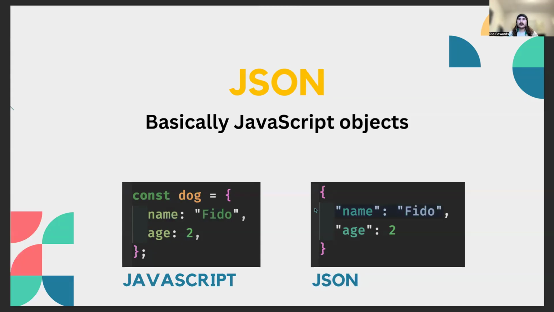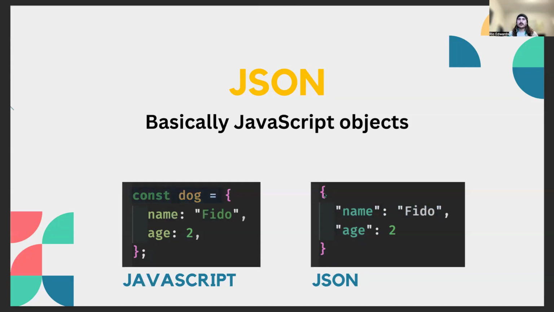In JSON, this is how that same object would be represented. It looks very similar: curly braces and then property, or key, and value. There's a couple of differences. One, in JSON we don't store things in variables.